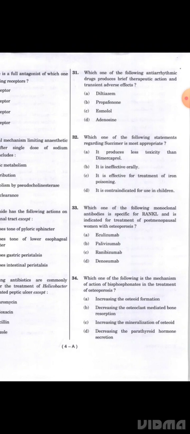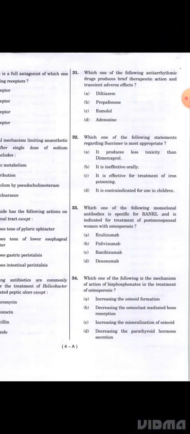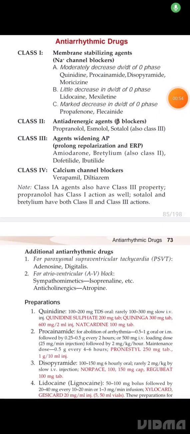Before that, we will find out the classification, in which class these drugs are coming. So this is the classification of antiarrhythmic drugs. What is arrhythmia? Arrhythmia is the irregularity in the cardiac rhythm.